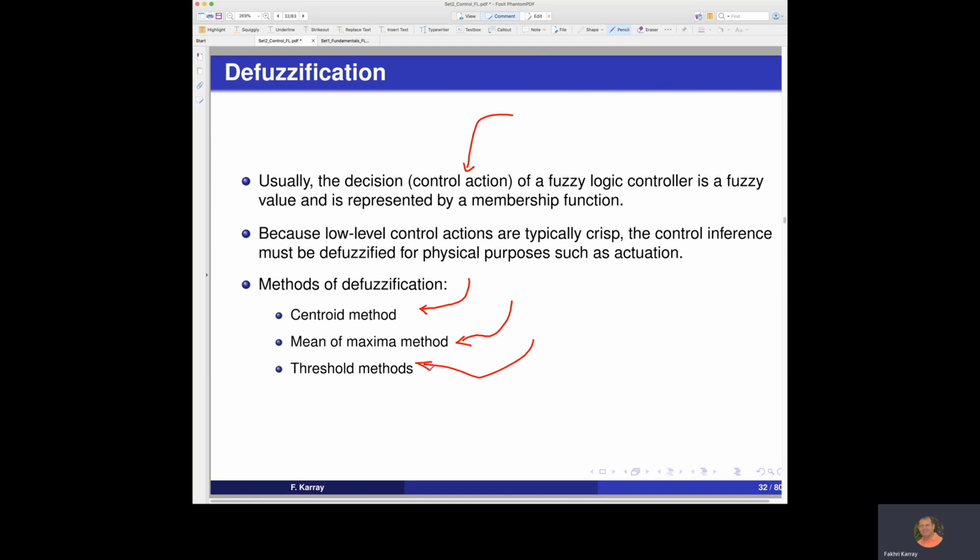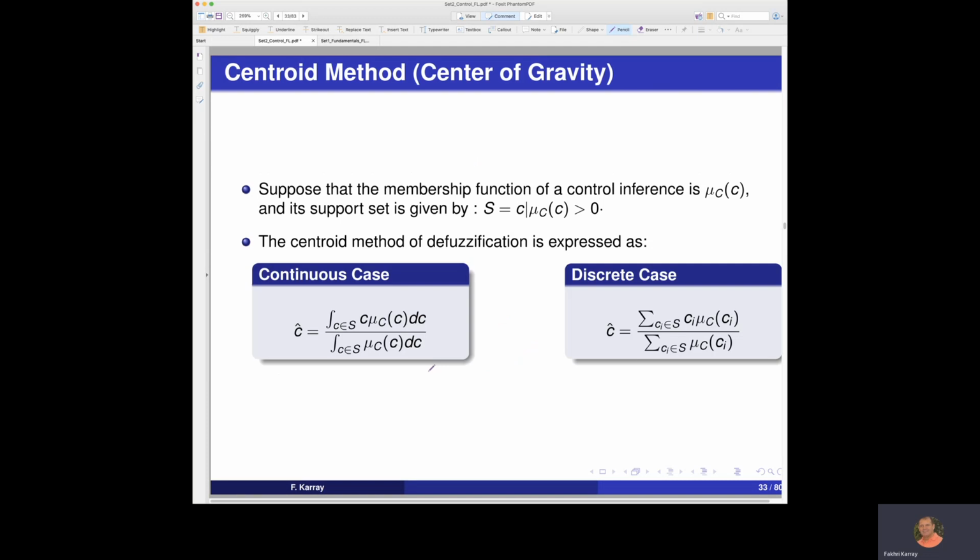So let's start with the most intuitive one, which is the centroid method. So what is the centroid method? Let's suppose that we have a membership function that we have found to be of this particular format. So this is the outcome of the aggregator. This is the result of the aggregator after we have combined all the information from various types of inference engines.